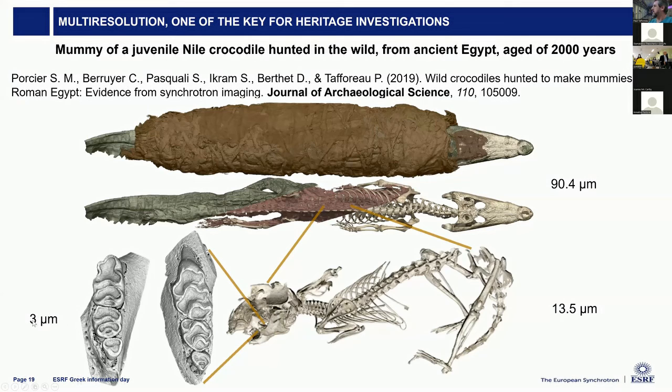We increased the resolution again to see the details of the teeth of the mouse at 3 microns to be able to know what genus of mouse it is. So now we know that it's a genus Mus. By making the full study of this specimen, we demonstrated that it was a wild crocodile that was hunted to make the mummy.